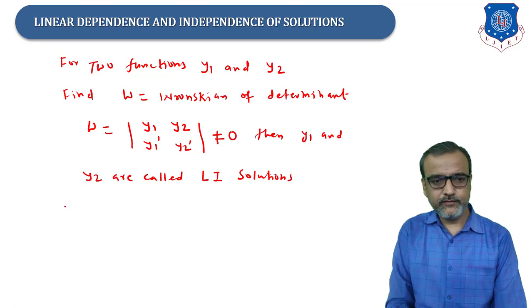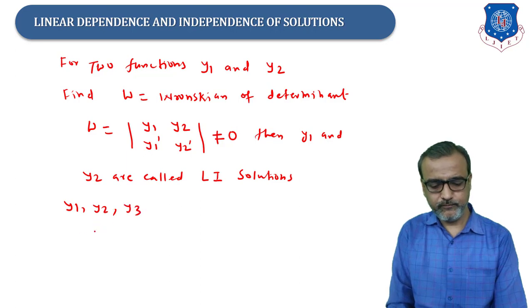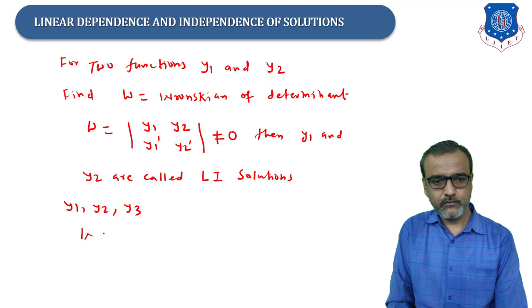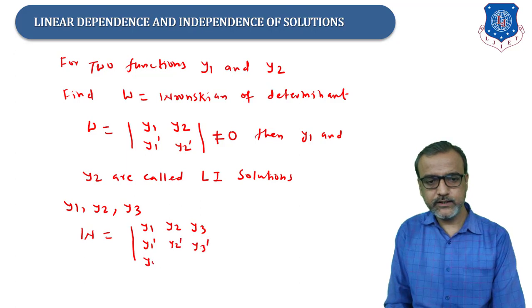Similarly, for three functions y1, y2, y3, we define the Wronskian determinant W as order 3: y1, y2, y3 in the first row, y1 dash, y2 dash, y3 dash in the second row, y1 double dash, y2 double dash, y3 double dash in the third row.